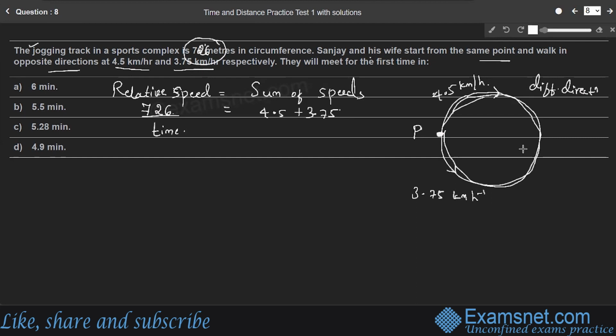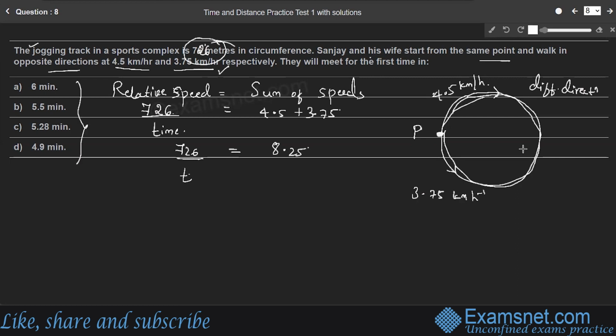Therefore, the sum of their speeds is 8.25, which is equal to 726 by time t. Here speed is in kilometer per hour and distance is in meters.